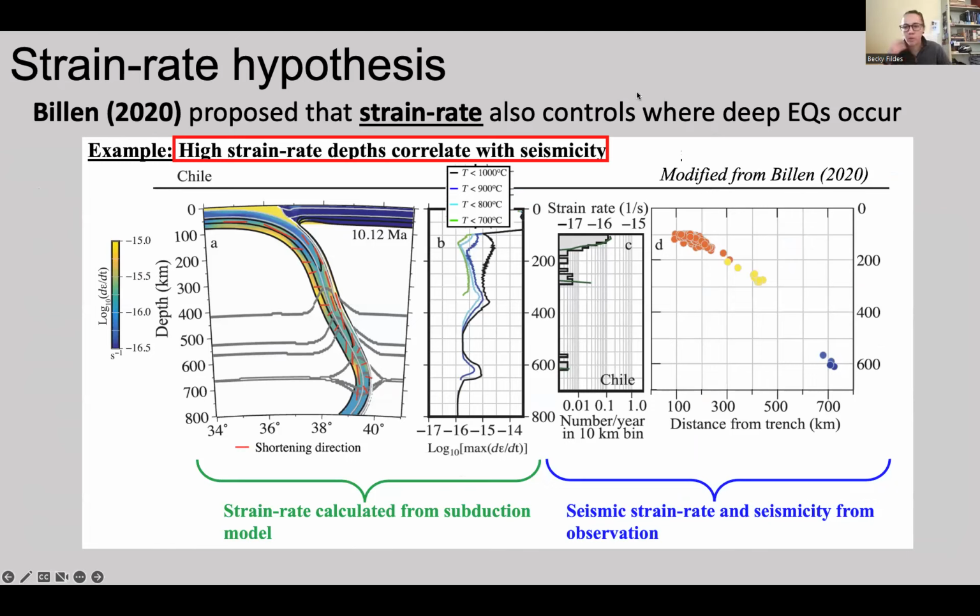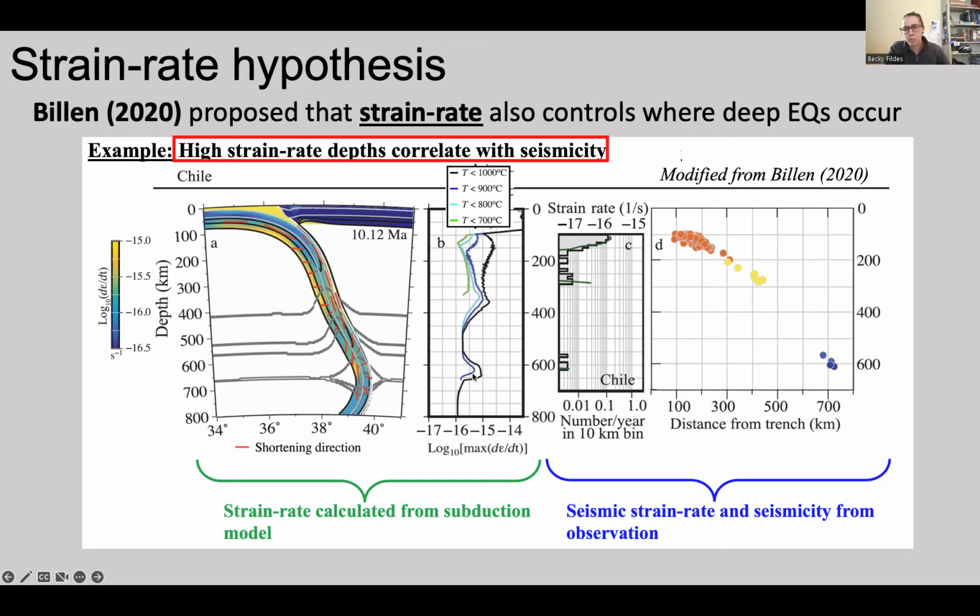In 2020, Magali had a paper that proposed strain rate as another general constraint on where deep earthquakes occur. She did some subduction modeling, a snapshot of which you can see on the left, and calculated strain rates. Panel B shows strain rate depth profiles: there are depths with higher strain rates, lower strain rates, and then higher strain rates again.